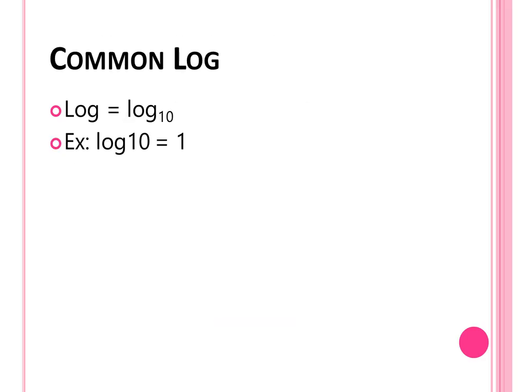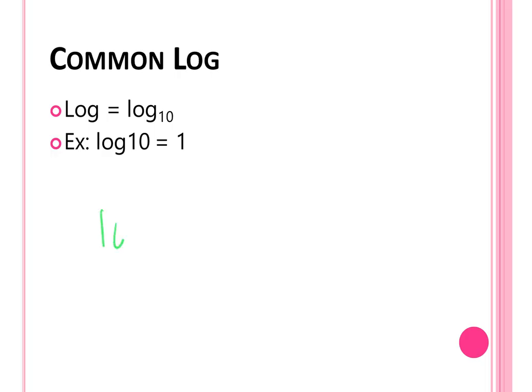So a common log is log base 10. If you see the word log, you have to know that that means log base 10, okay? On your calculator, spot your little log button. It's next to your 7. It says log. That is log base 10. I will show you that there's a place on your graphing utilities that you can change your base. But if you are just using log itself, it is log base 10.